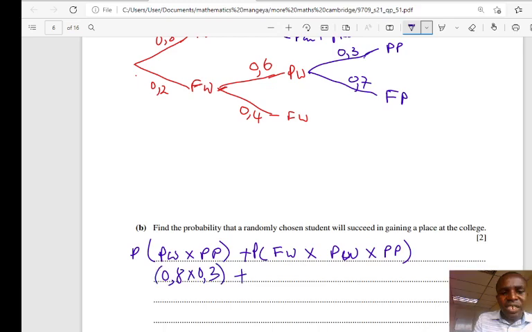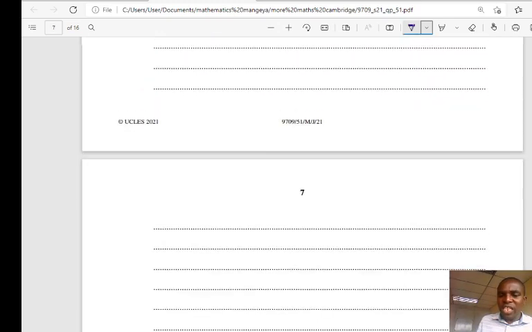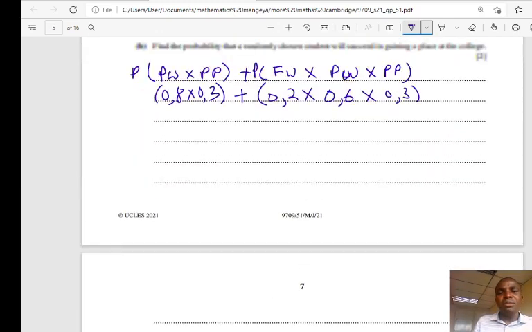then plus this case: fail written 0.2, pass written 0.6 on the second attempt, then pass practical is always 0.3. From this you can find the probability that a student is admitted.